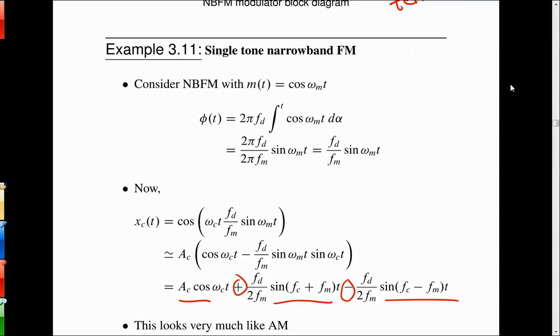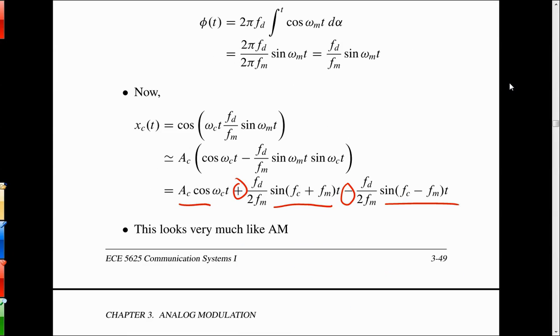There's an approximation on that second one. Oh, I see that there's a typo in here. There's a plus sign missing. It should say omega CT plus FD over FM sine omega MT. Thanks for pointing that out. I'll change that and repost it since I've fixed a few other things recently.